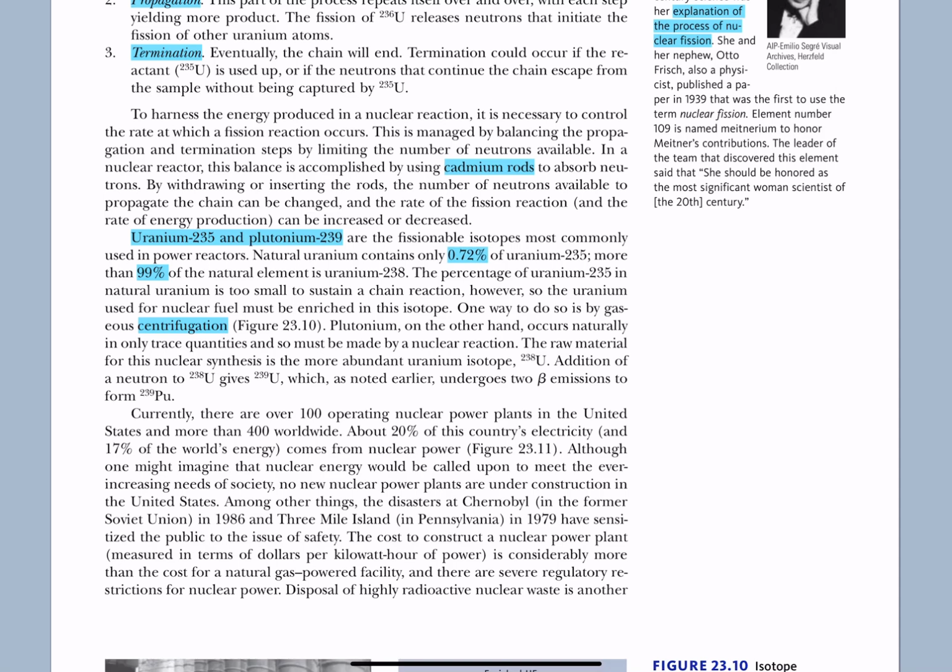We can also use technologies having to do with membranes and gaseous diffusion. In either case, we take advantage of the fact that the 238 nucleus is slightly more massive than the 235 nucleus.